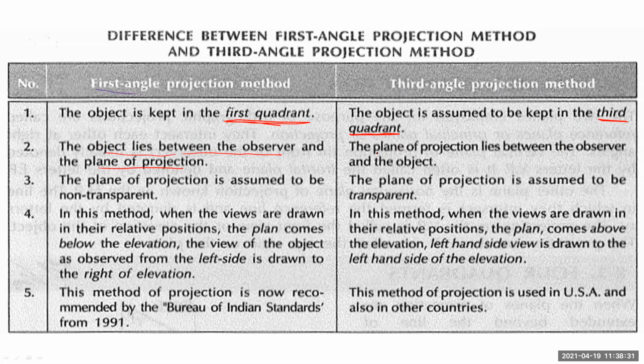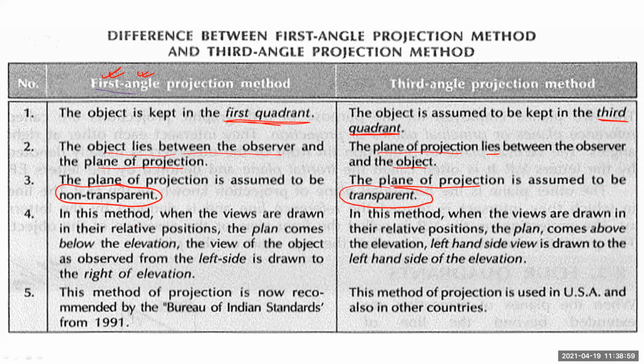And here the plane of projection lies between observer and the object. This is second. Now, as I told you, the plane of projection is non-transparent for the case of your first angle projection method, whereas for the third angle projection method, the plane of projection is transparent.